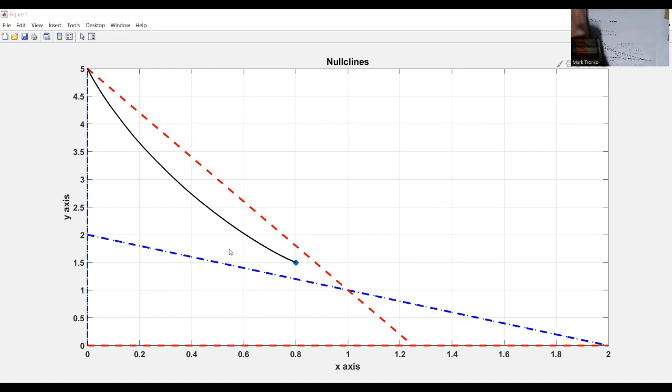See what happened is it moved towards this critical point up here. And also it stayed within this invariant region. Remember, this was one of our invariant regions up here. So it started here and then went up toward this critical point. Again, it would never go outside this invariant region once it starts inside.